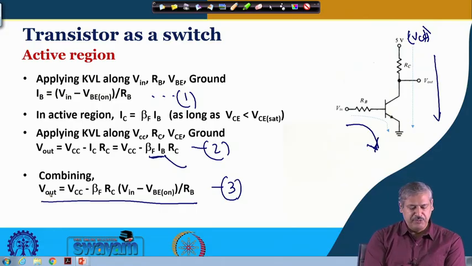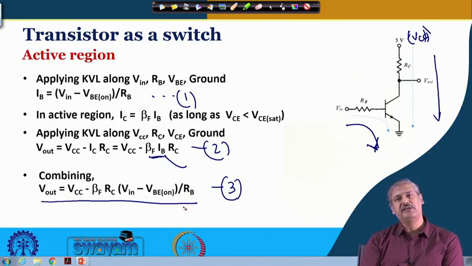So, V out is equal to VCC minus beta f IB RC, where IB is nothing but V in minus VB on divided by RB. As long as it is remaining in active region, this is the relationship it will follow.